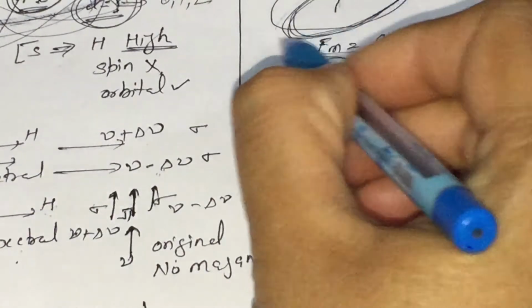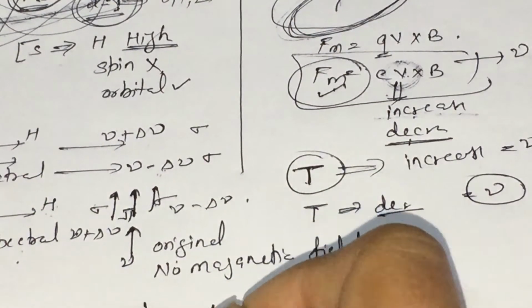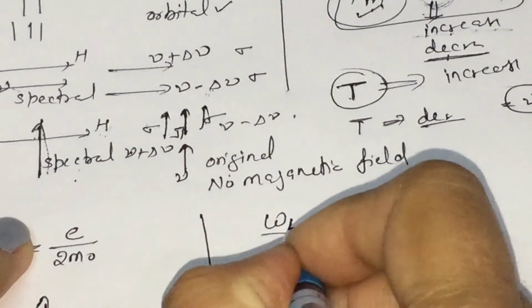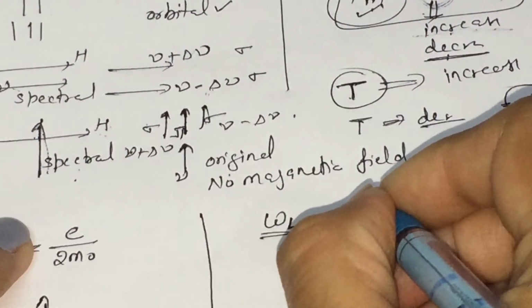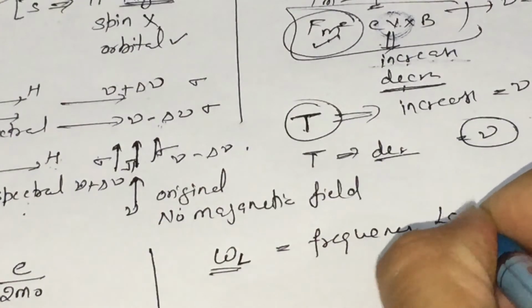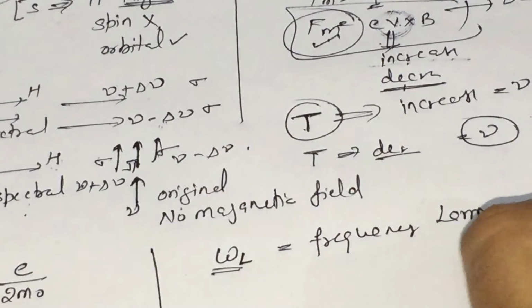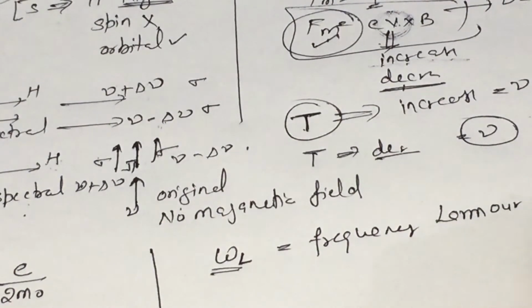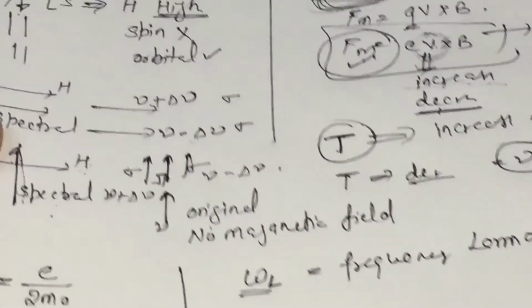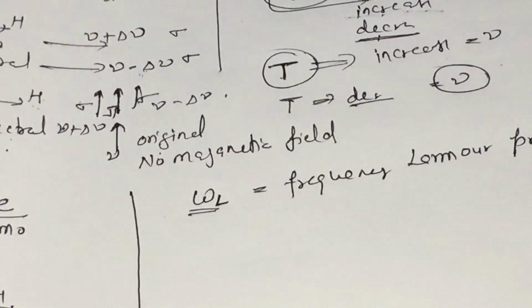This new angular frequency we denote with omega_L. This is known as the frequency of Larmor precession, which we have already discussed in the vector atomic model.